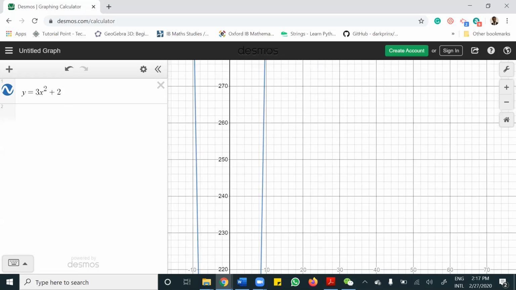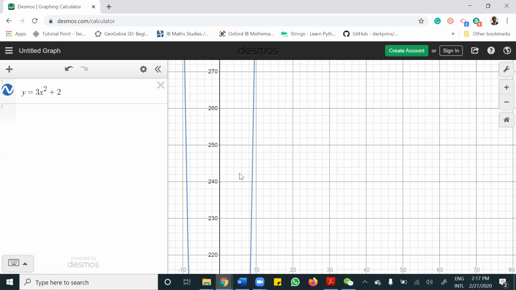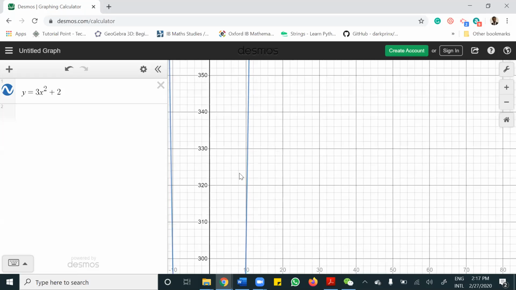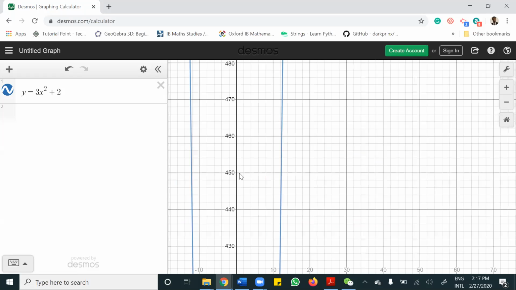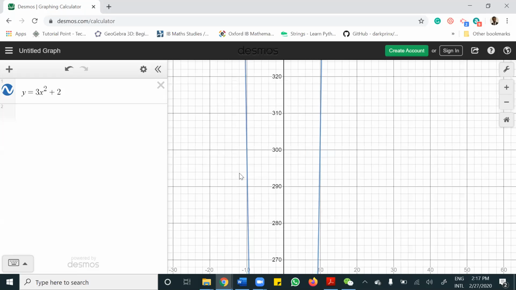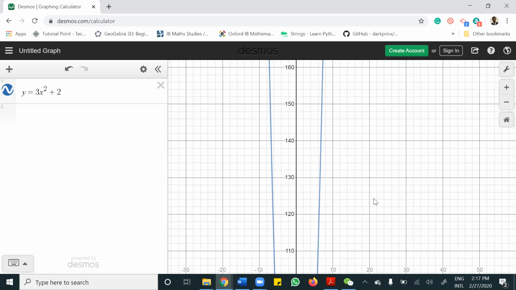If you put in x is equal to 30, you have to get to 2702 for it to cross 30. So basically it crosses all those values as well. It's just that it takes a very large value of y to cross it. Am I making sense?